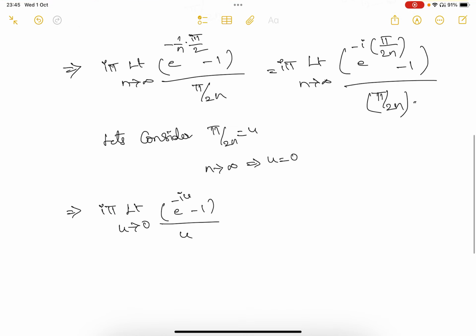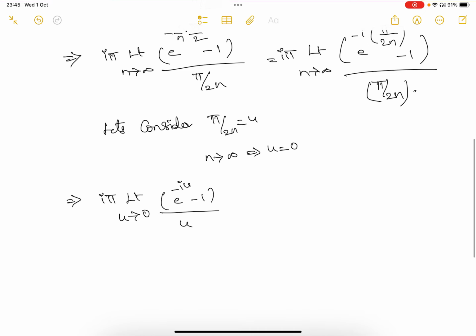As you can see, it's getting a 0 by 0 form. Then you can apply L'Hopital's rule. So let's try to differentiate this. Limit u tends to 0, then this will be -i e^(-iu) - 0 by 1.